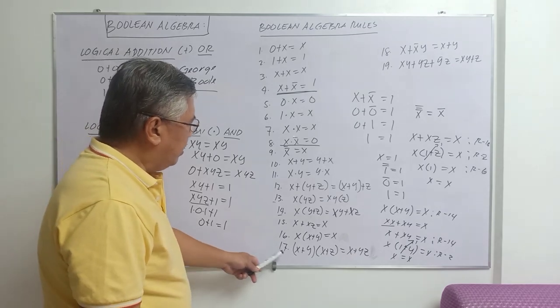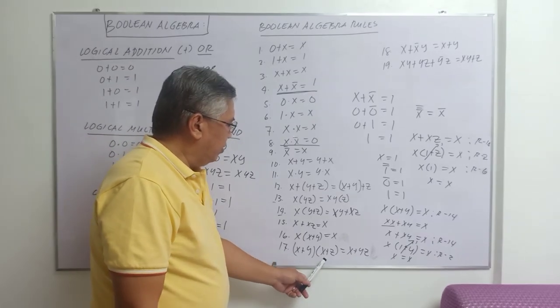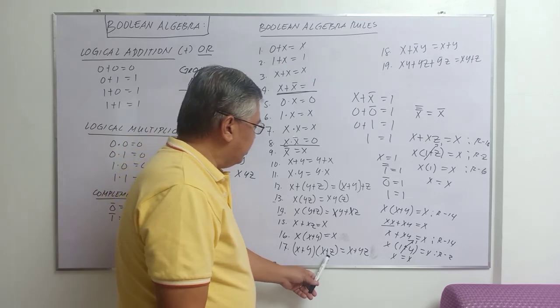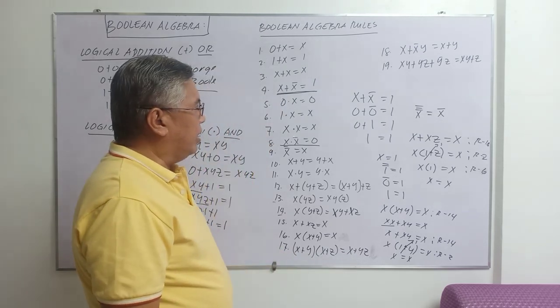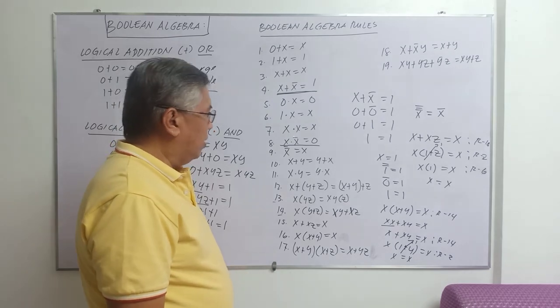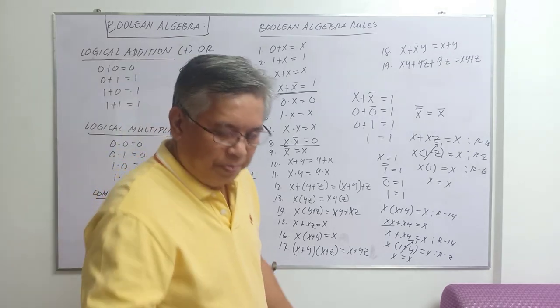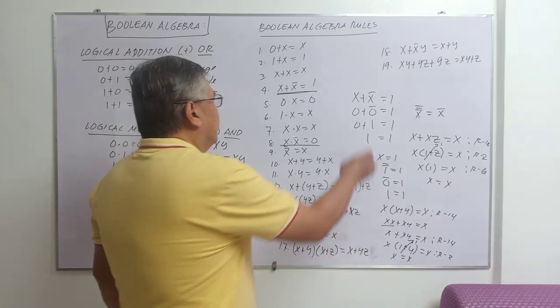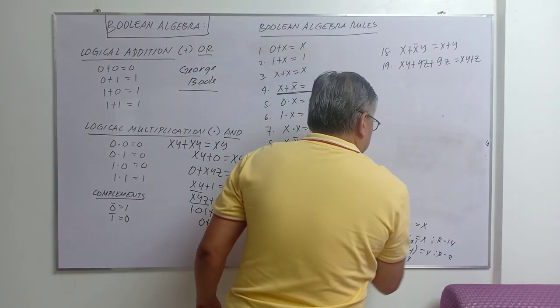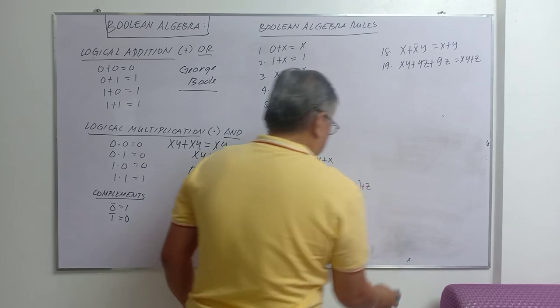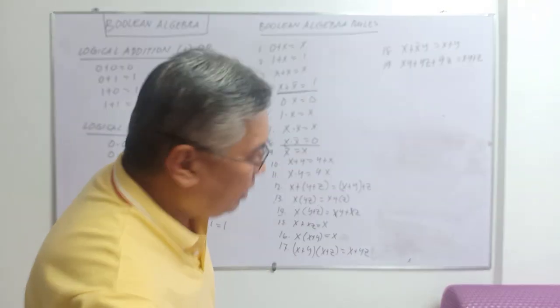Then, rule 17: (x + y)(x + z) = x + yz. Alright? So, actually, we can prove this using our proven rules. Okay, let's try.